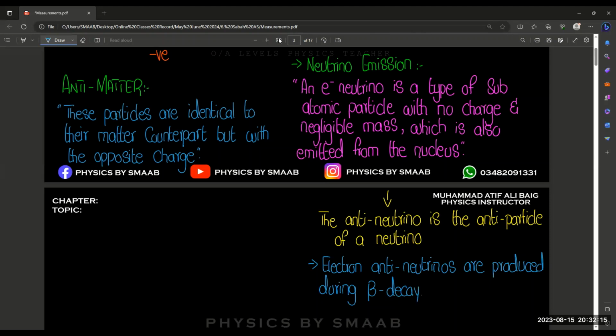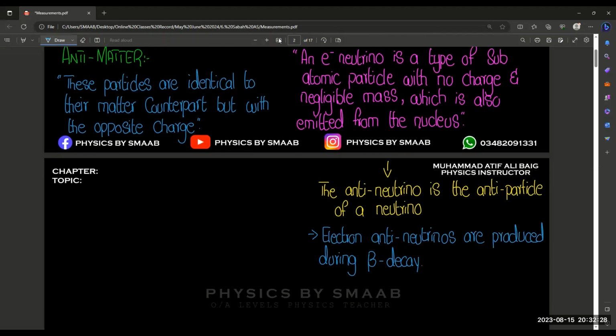When we were talking about alpha decay, beta decay, gamma decay, during beta decay this element, the electron antineutrino, will be produced. So this is the process of how the electron antineutrino is produced.